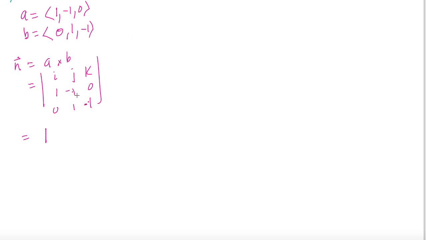For j, this gives us 1 times negative 1, but this one's negative, remember, so that gives us 1. Covering the k's up, you get 1 minus 0, so 1. So 1, 1, 1 is our normal vector, which we're going to be able to use.